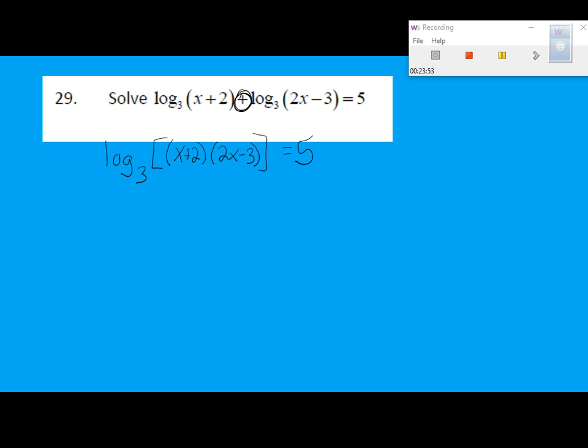Now guys, if I write this as an exponential, this becomes 3 to the 5th equals x plus 2 times 2x minus 3.